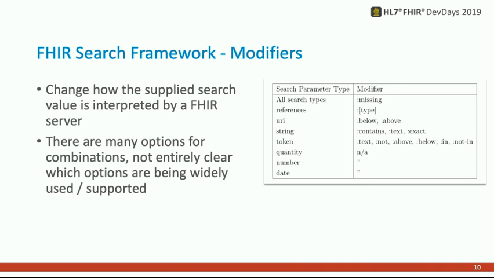Same for tokens. Tokens are also just an abstraction on the search API to find all elements which are somehow coded. So we would have code, coding, or codable concept. And in that case, often I don't know the particular code, but I maybe know parts of the textual description of that code. So I could use a text modifier to use the text portion of the coded element.